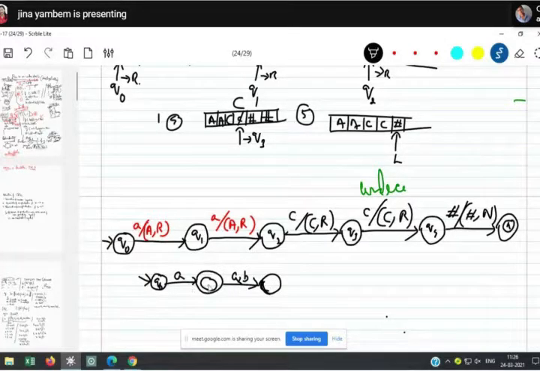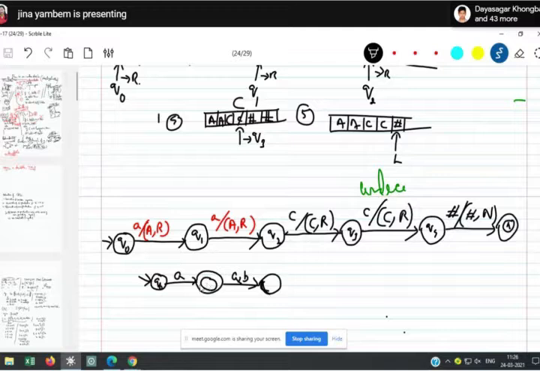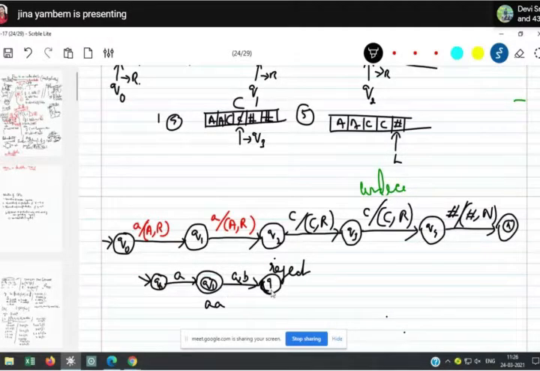If we are currently at Q naught reading A, and we reach the final state, then we consider that the string is being accepted here. But it is not accepted here, even though I haven't mentioned that this is a reject state. So this is Q naught, Q1, Q2.